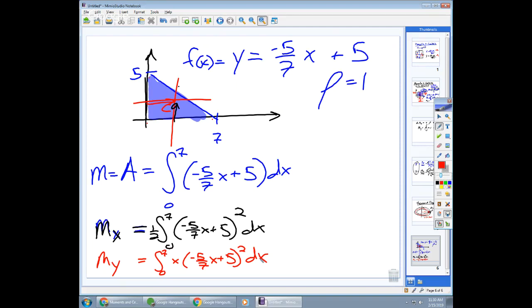It's not squared at the bottom, is it? No, that's not supposed to be squared. It's x times the y value. That's x times the function. So we need each of those integrals. Evaluate. So find an antiderivative. On the black and the red one, algebra first, antiderivative second. Go for it.